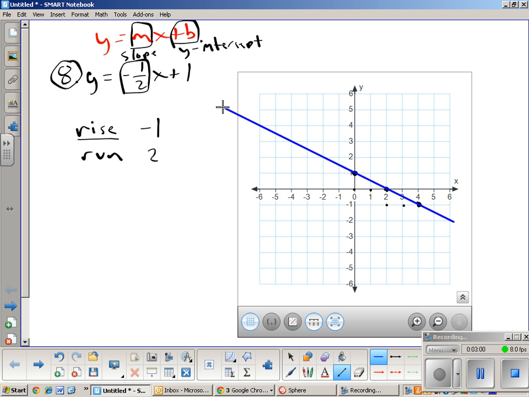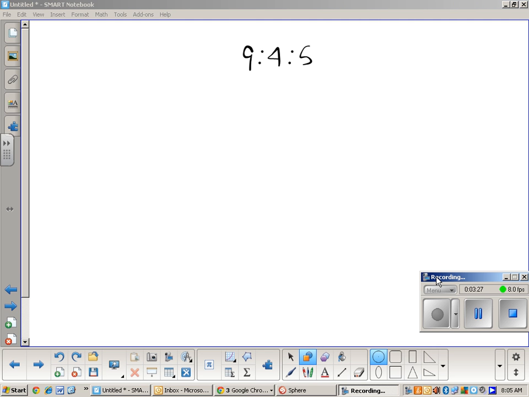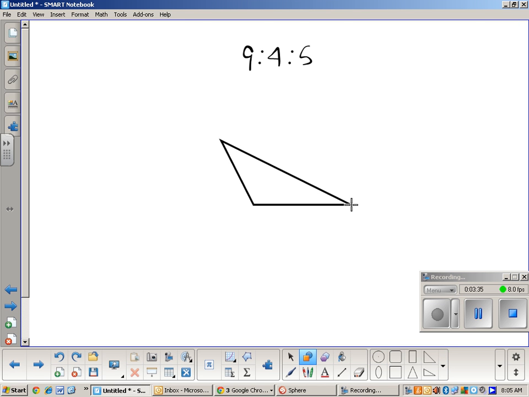Number 16. Okay, 16 is the ratio 9 to 4 to 5. Yes. So what that means is we have a triangle. Triangle looks something like this maybe.